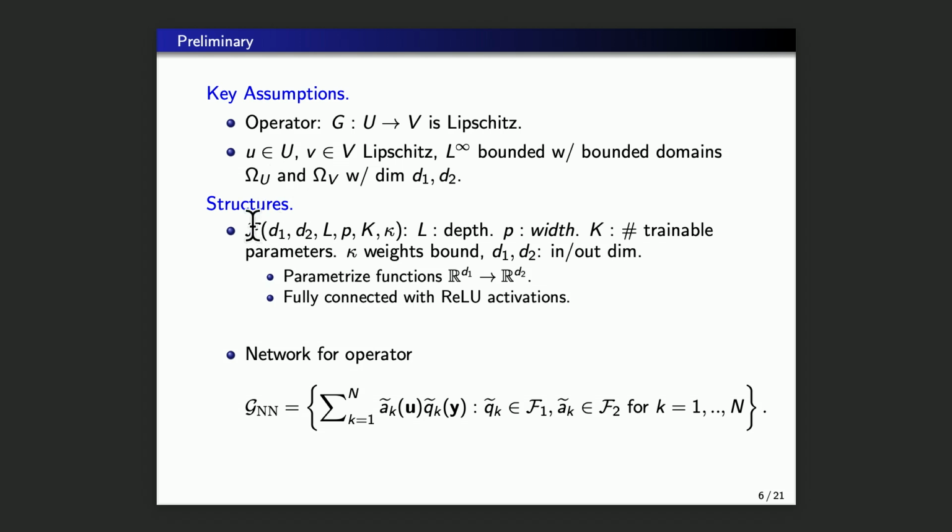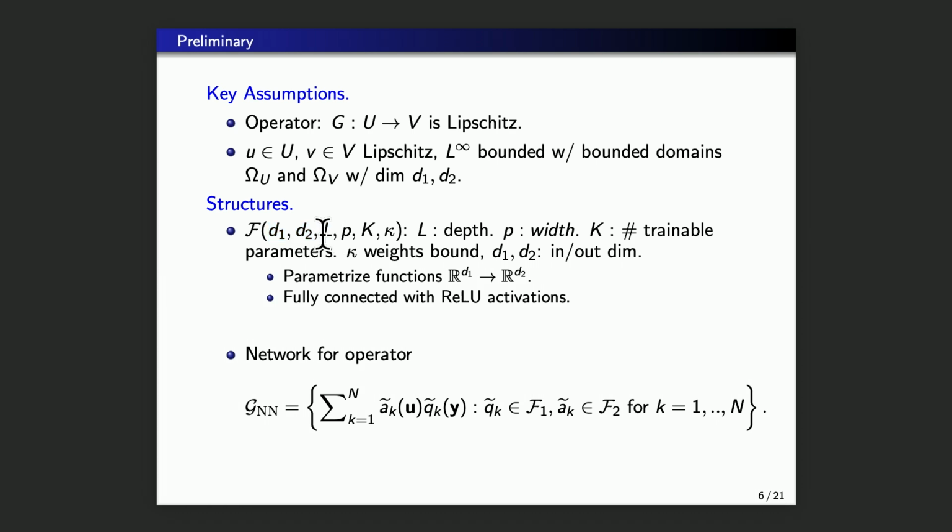Firstly, we need to introduce this notation. This notation essentially denotes a set of neural networks which approximates a function. We will use a function neural network approximation to approximate the operator. Specifically, D1 and D2 denote the input and output dimensions.